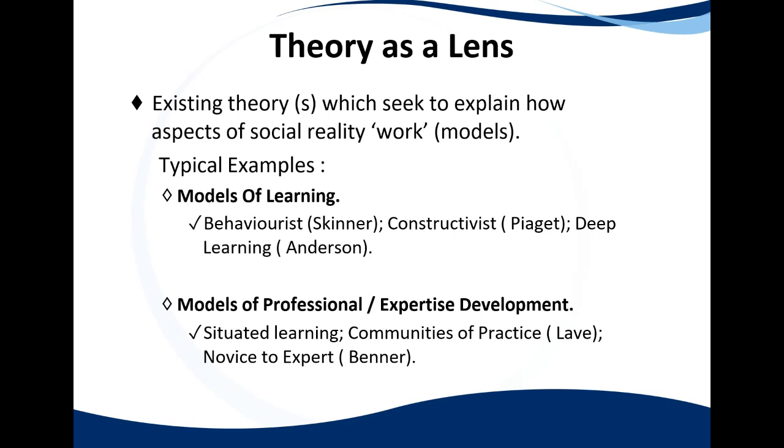So, for example, models of learning would be behaviorist Skinner's approach, constructivist Piaget, deep learning Anderson. Some models, for instance, of professional development, expertise development, situated learning, Lave's community of practice, novice to expert, Benner.